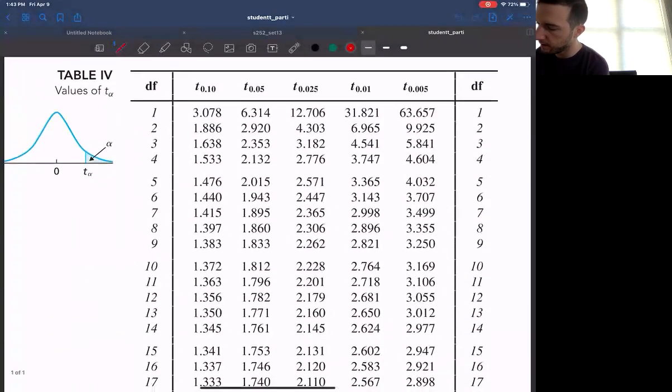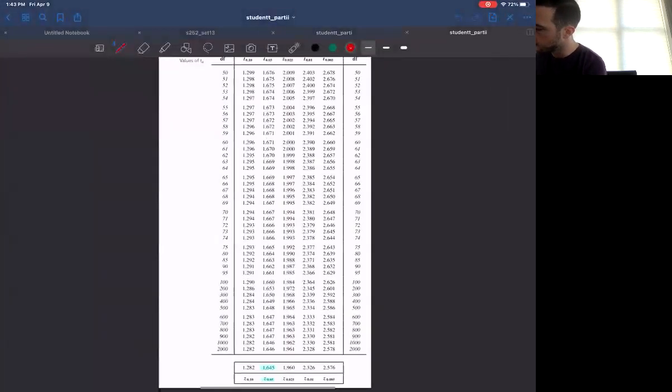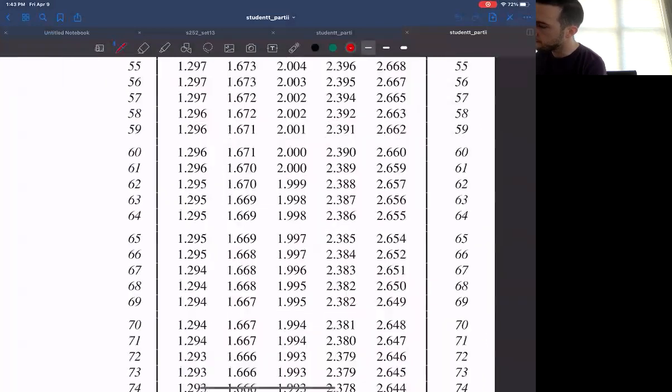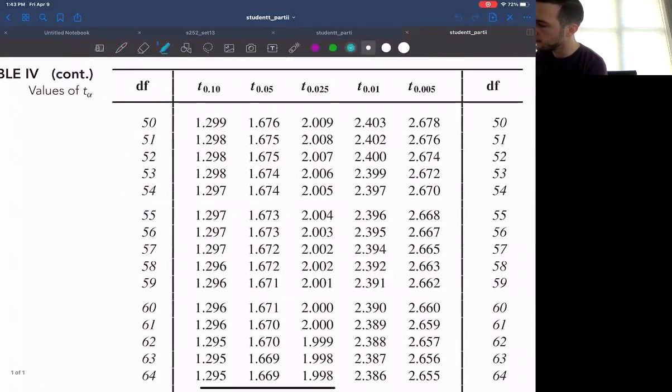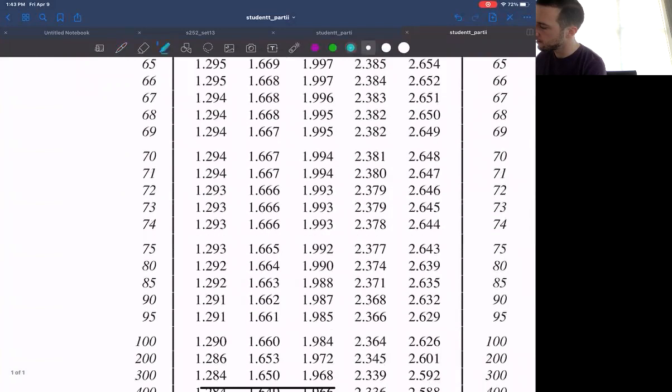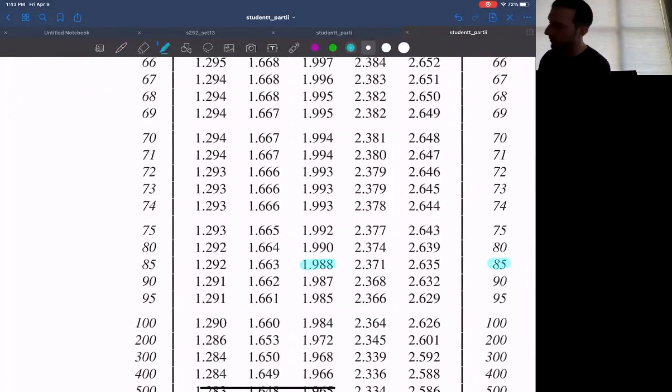I need page 2, right? 88, 86. Okay, so my t-value, if I was to use the t-table, is going to be 0.025, 85, like 1.988. So I'm going to reject every time the absolute t-value is bigger than 1.988.